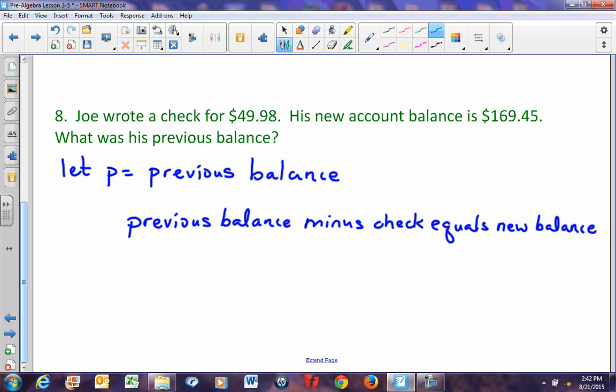His previous balance is P minus his check, which is $49.98, has to equal his new balance, which is $169.45. Okay, so there's our equation. To solve our equation, we're going to simply add $49.98 to both sides.